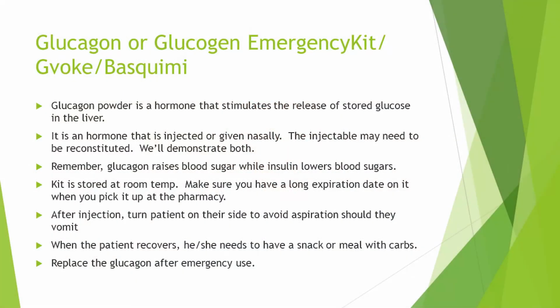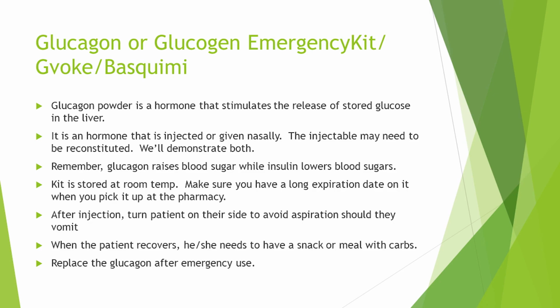So let's talk about some of these preparations that are currently available on the market. We have the glucagon emergency kit that usually comes in a kit like this. We have Gvoke and Baqsimi that I'll demonstrate here in a little bit as well. Glucagon comes typically as a powder.